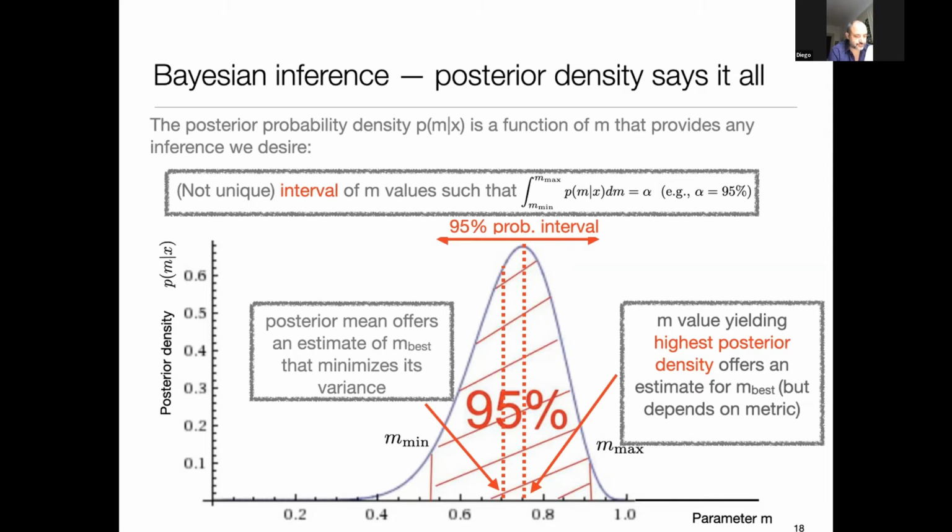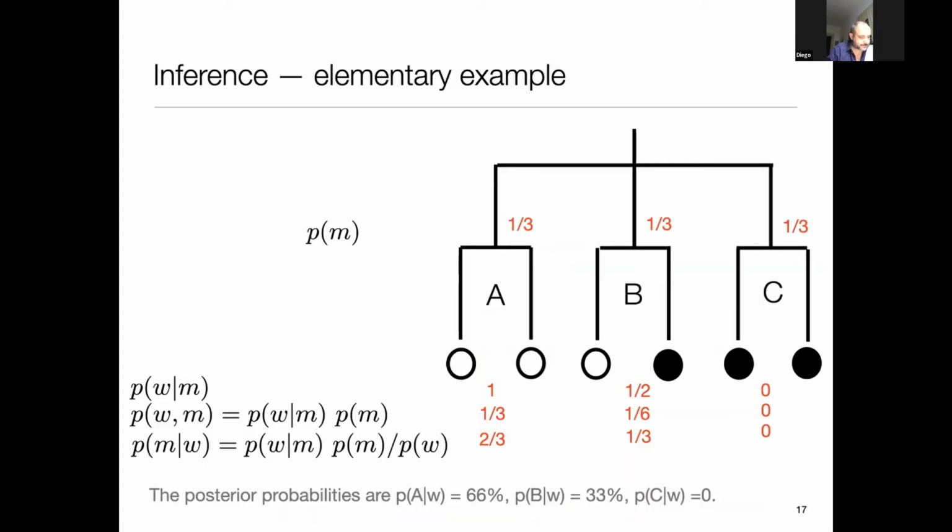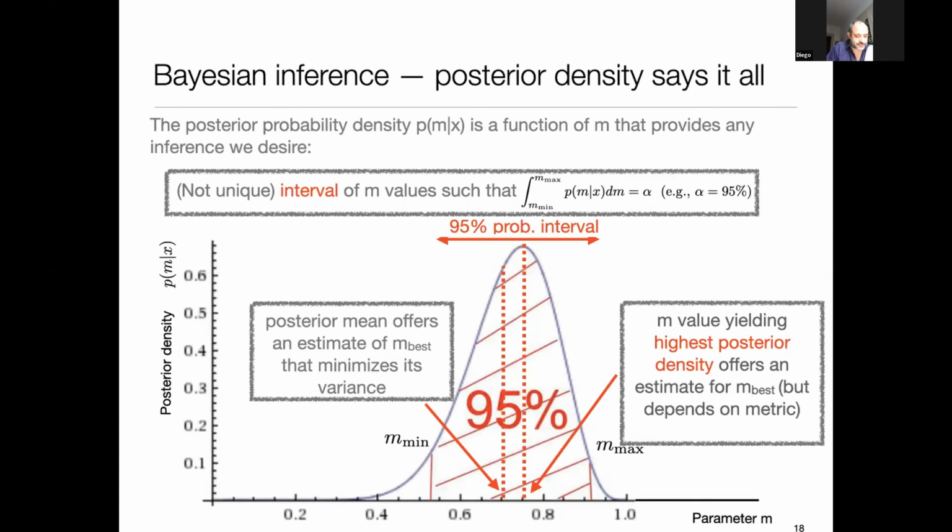What is this posterior density? In the previous example, it is discrete: P of A given W, P of B given W, P of C given W, so it's a histogram. But in many problems, it's just a distribution.